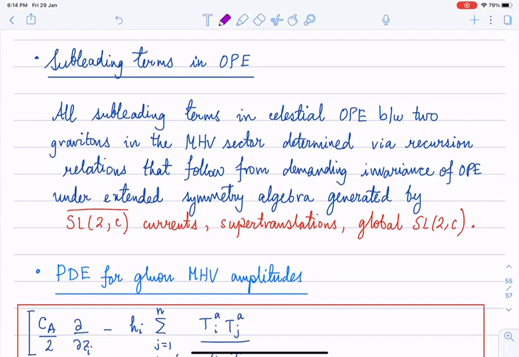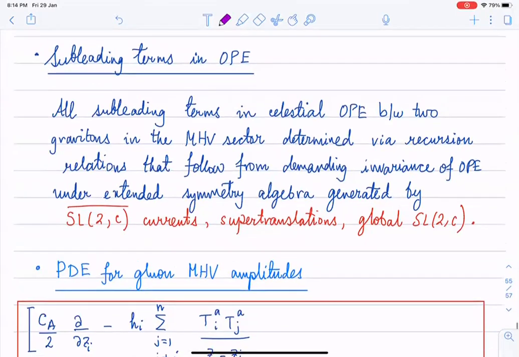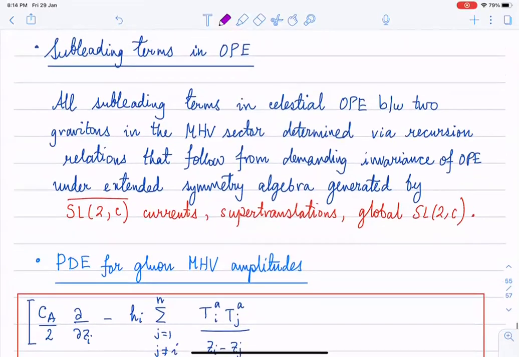And it turns out that if you impose invariance of the OP under all these infinite dimensional symmetries, then once again what you can show is that you can get some recursion relations, and these recursion relations once again fix for you what the subleading OP coefficients are.